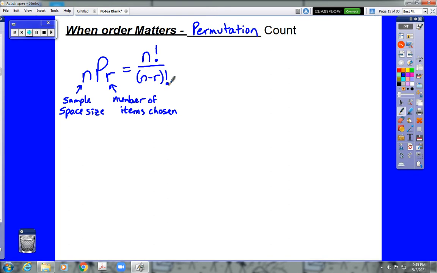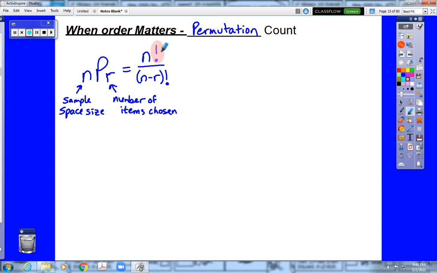And that, quite frankly, is something that we need to talk about very briefly here, this symbol. That symbol is known as a factorial. And if you're not familiar with factorials, they're a very simple idea. If we had, for instance, 3 factorial, that is 3 times 2 times 1.